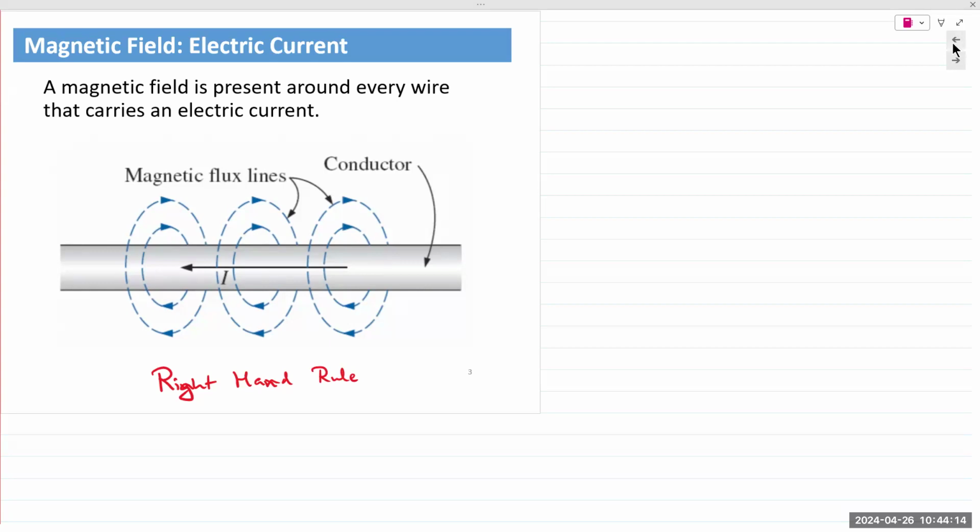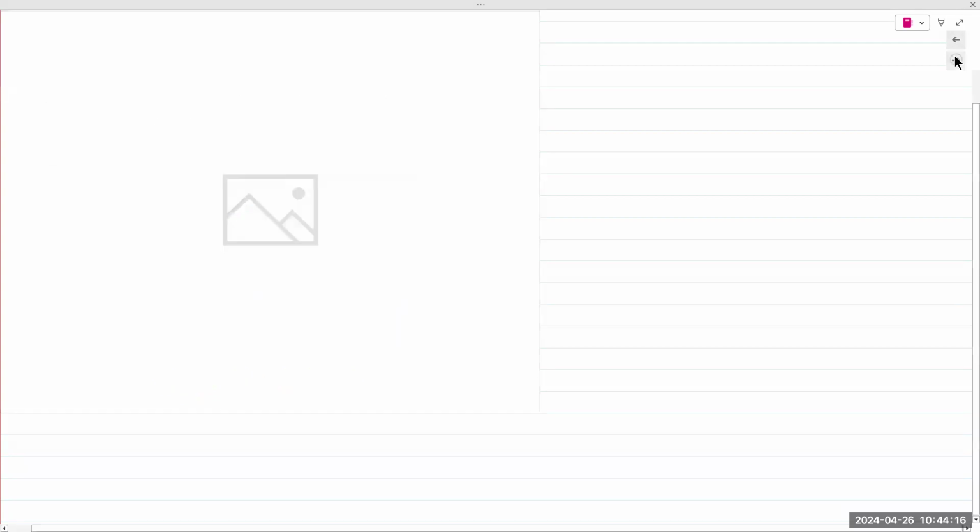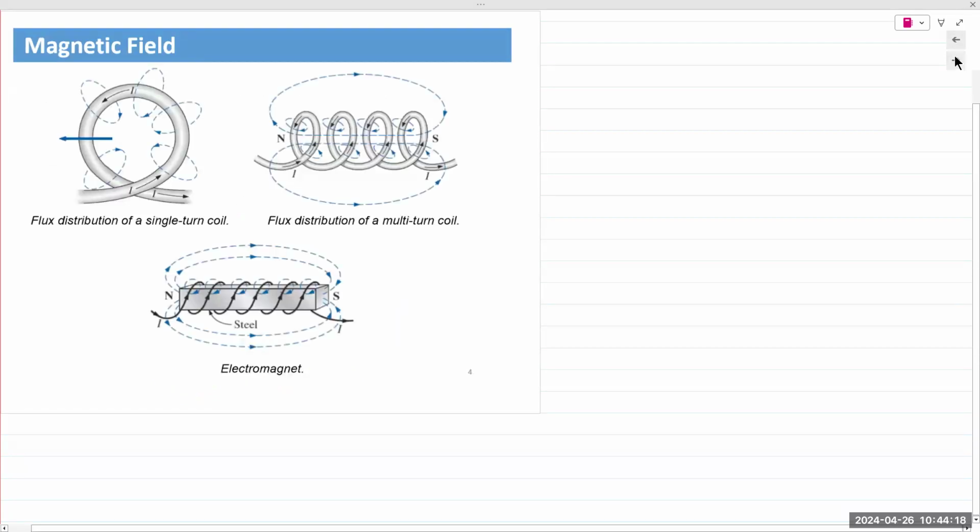If you take that same current carrying wire and wind it up in a coil, those magnetic flux lines are now pointing in that same direction and outward through the center of that loop. The magnetic flux lines get aligned and all point in the same direction out of the center of that loop.